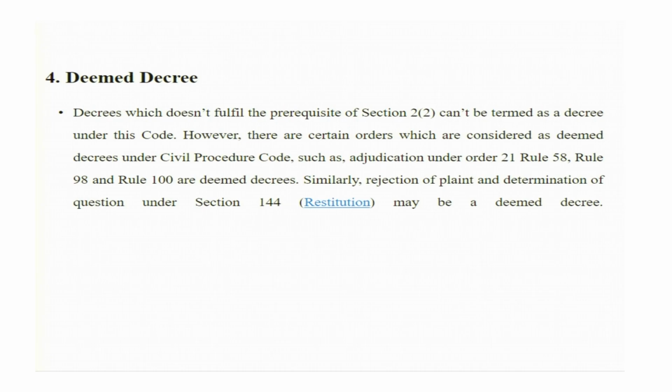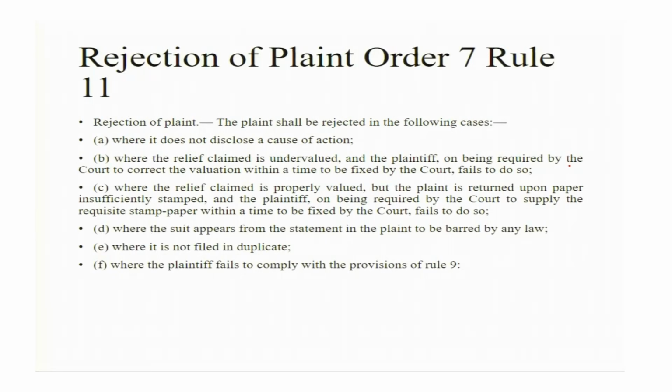Now I am coming directly to deemed decree, because Order 7 Rule 11 is also a deemed decree. You must know what is rejection of plaint and what is restitution. Normally I say that decree includes even rejection of plaint.